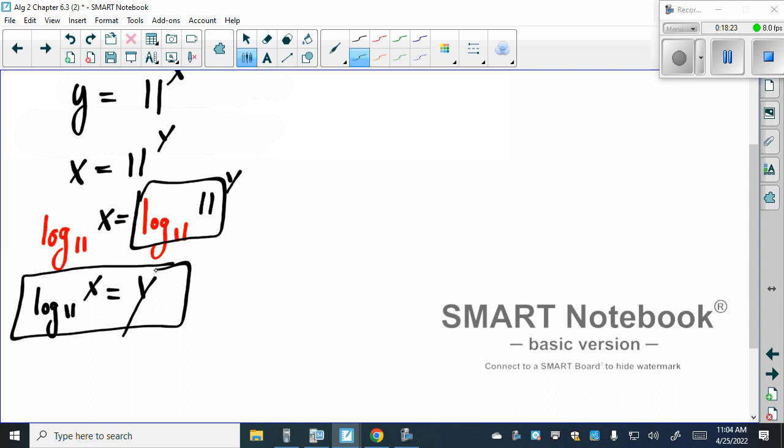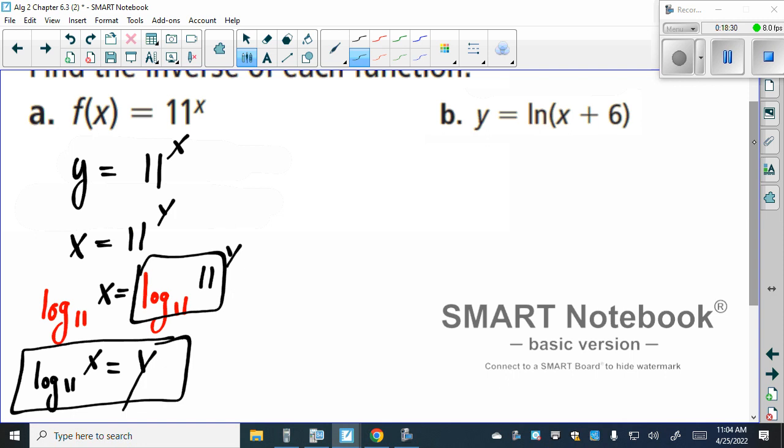Questions on any of this here? Any questions on A before we look at B? Now, B is already in exponential or logarithmic form.